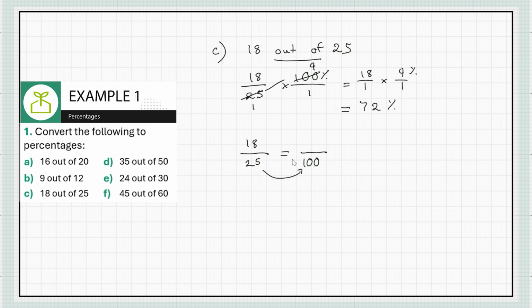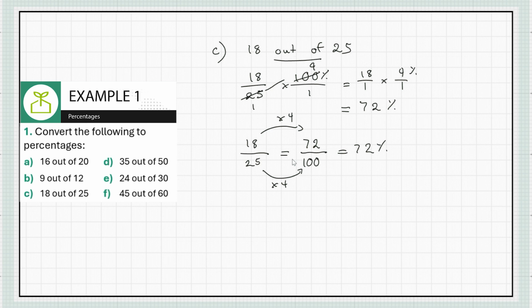So how have I gone from 25 to 100? I multiplied it by 4. And in order for this to be an equivalent fraction, I have to do the same to the numerator. Okay, so we can do that same process. 18 times 4 would be 72, and by definition 72 out of 100 is 72%.